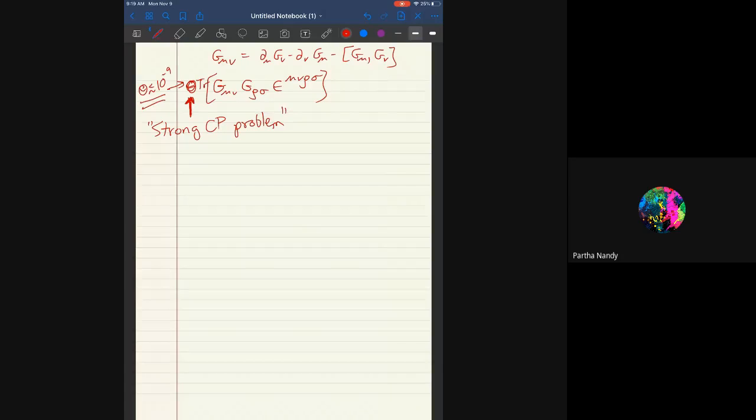Tomorrow I will talk about how the exceptional Jordan algebra relates to SO(10) grand unification, but it also relates to an interesting model that's been discussed in recent years by Hall and Harigaya, that gives a nice solution to this problem.